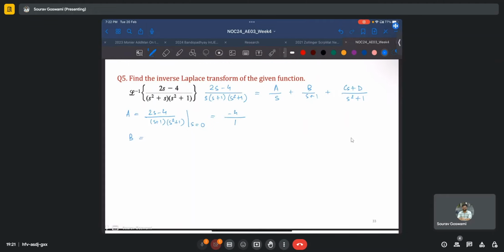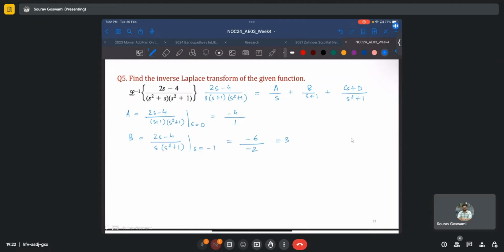Similarly, B can be computed as (2s minus 4) by (s square plus 1) computed at s equals minus 1, which is the corresponding root. This will turn out to be minus 6 by minus 2, which is equal to 3.